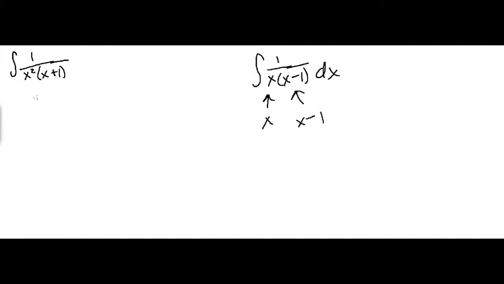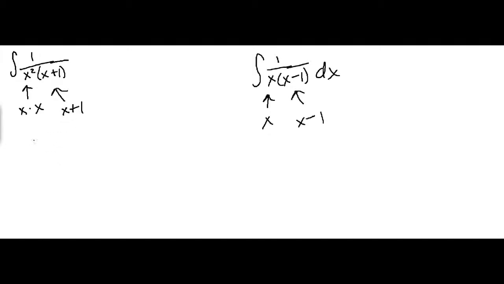In this example, there are going to be two of the same linear factors, because this x squared is an x times an x, and then you have an x plus 1. Since two of the factors are the same, you're going to do something a little bit differently when you're trying to do your decomposition.